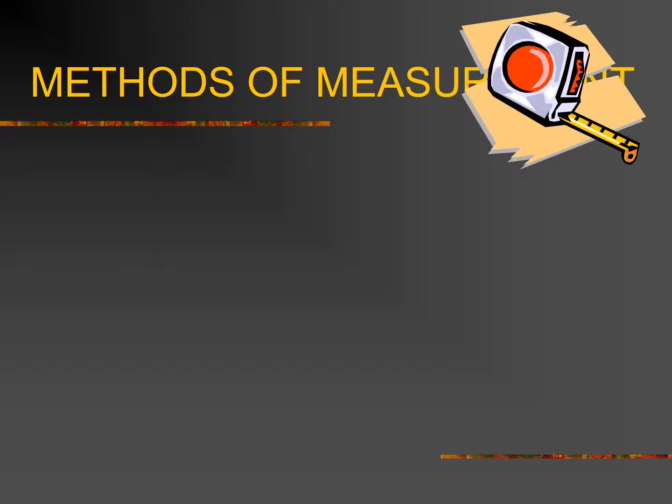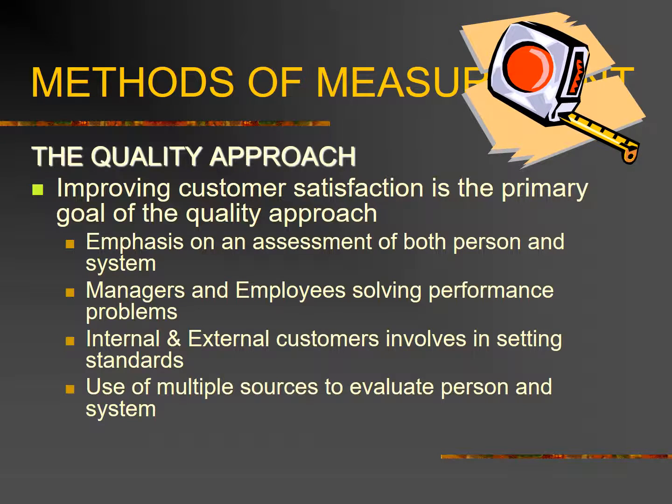The quality approach now. For quality, we are talking about improving customer satisfaction being the primary goal of the quality approach. So not only do we want to be able to meet the results, we also want to do it in a way that puts an emphasis on the assessment of both the person and the system.